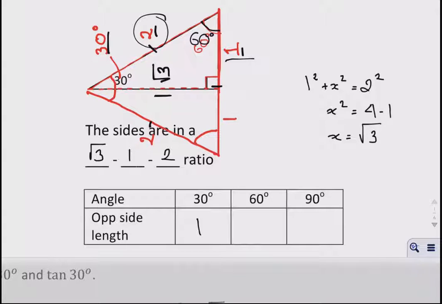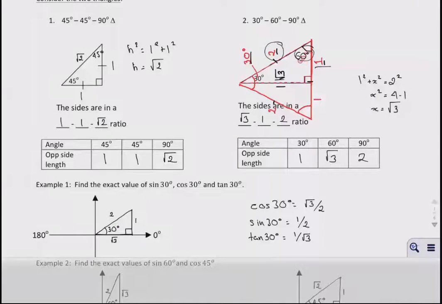The side opposite 60 up here is root 3. And the side opposite 90 is 2. Let's see how we can now use these facts to calculate exact values for sine, cosine, and tangent in the next few examples.